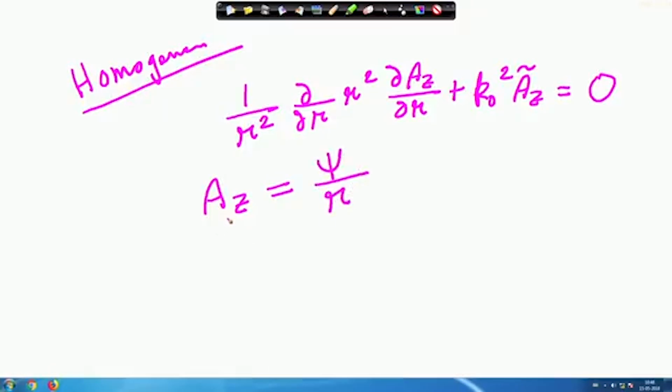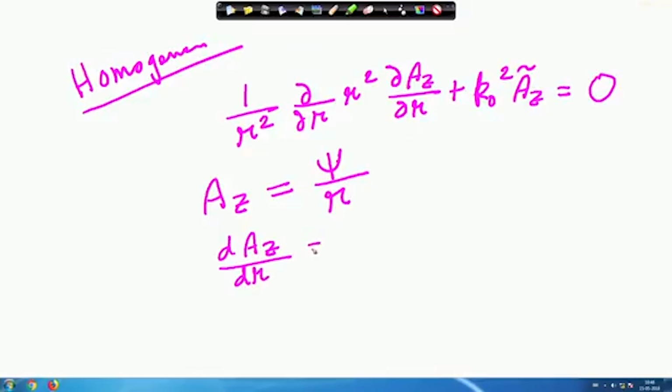So, Az is a function of r. Let us put that the functional dependency is 1 by r, and psi is a constant. If we do that, then instead of del z I can write dAz, because it is only a function of r.